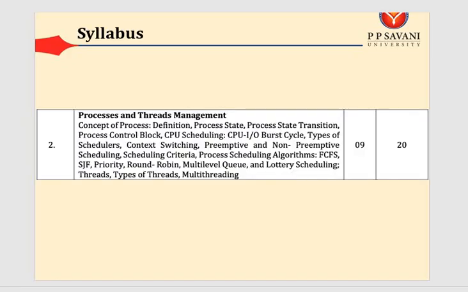In this chapter, we have to discuss many topics like the concept of process, definition, the life cycle of a process, how many states of a process, then transition, process control block, CPU scheduling, context switching, preemptive and non-preemptive scheduling algorithms, scheduling criteria, algorithms like FCFS, SJF, round robin, and many more topics.